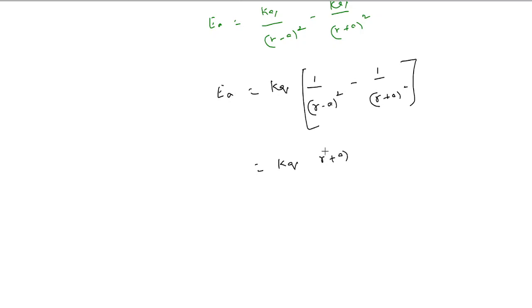(R plus a) the whole square minus (R minus a) the whole square, by (R minus a) the whole square into (R plus a) the whole square.